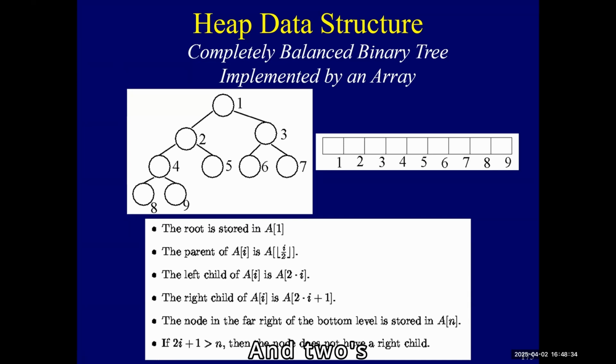And 2's children are you multiply by 2, and you multiply by 2 and add 1, right? Everybody see that? So that's how you get from the parent to the children. And if we index by 0, it would be the same plus or minus 1. There would be some weird changes. Everybody good with that?